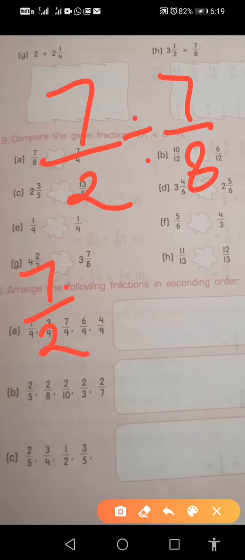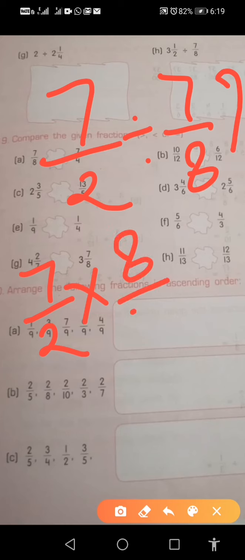Come to the next question. It is also given in mixed fraction form. 2 3s are 6, 6 plus 1, the denominator remains the same, so it becomes 7 by 3. Then 2 divided by 7 by 8. 7 by 2 into 8 by 7, the fraction will be reversed. 7 cancels by 7, 7 1s are 7. 2 4s are 8.